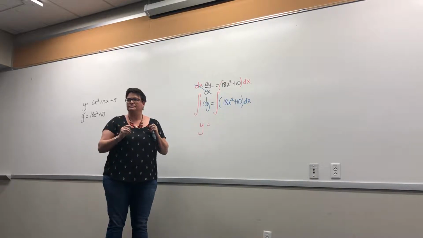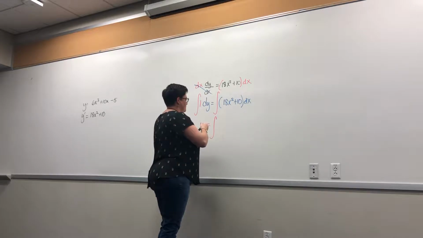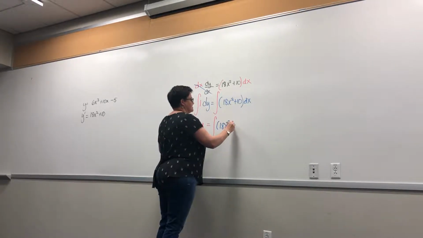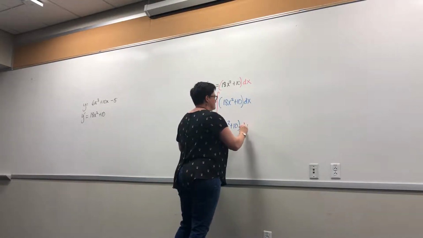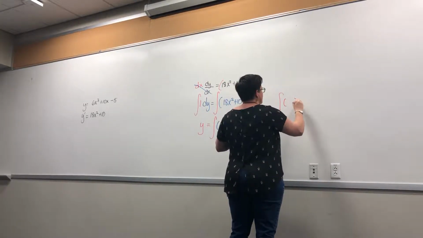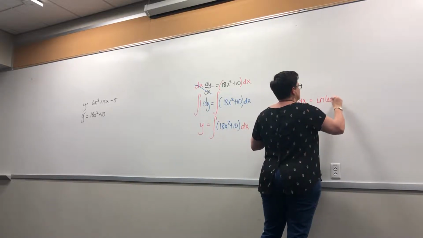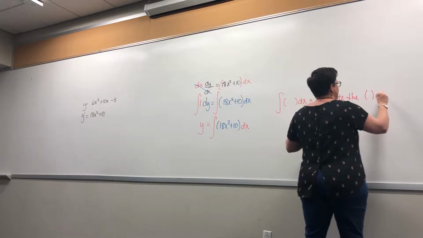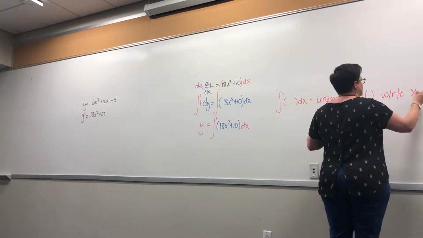Okay? And if I integrate all of this stuff, I'm going to change the color of the dx just for a second, because I want you guys to understand that integrate some stuff with respect to x is a command. Integrate the stuff with respect to x.